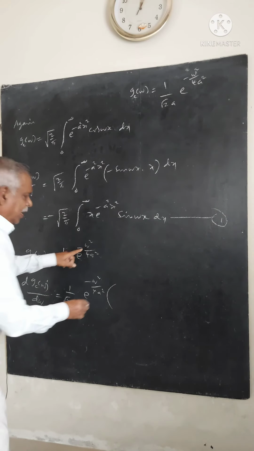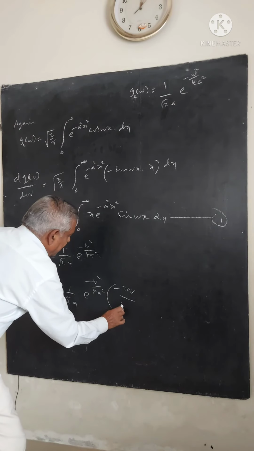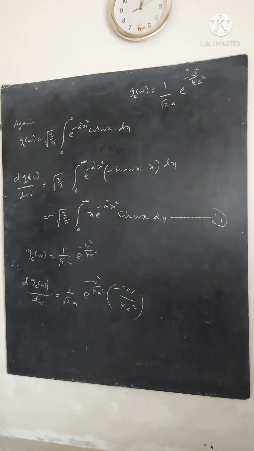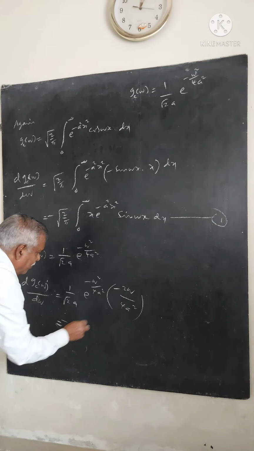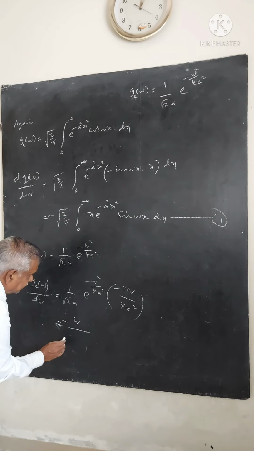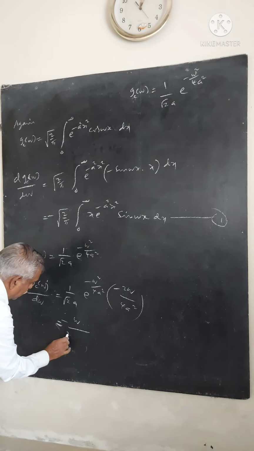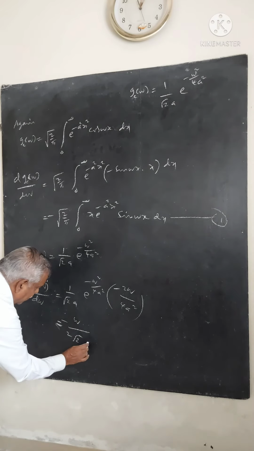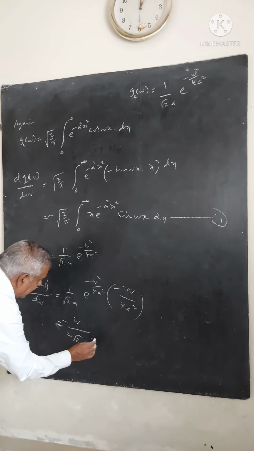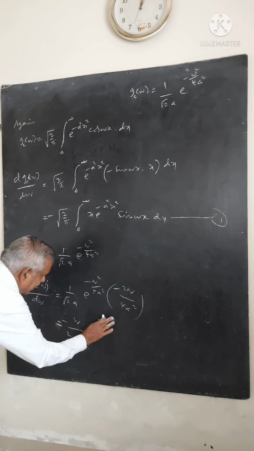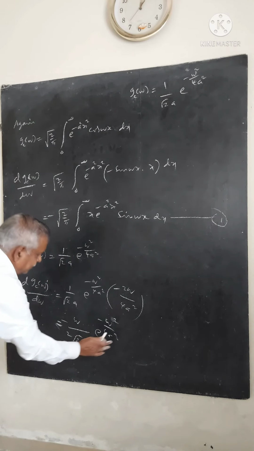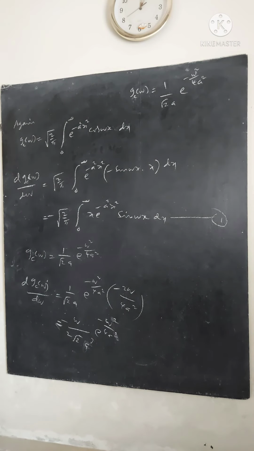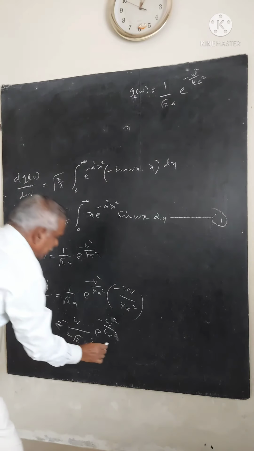Differentiating with respect to omega, minus omega squared gives 2 omega, by 4a square which is constant, negative comes out, minus 2 by 4 is 1 by 2, omega, 1 by 2 root 2 a square into a cubed, e power minus omega square by 4a square. Let this be 2.